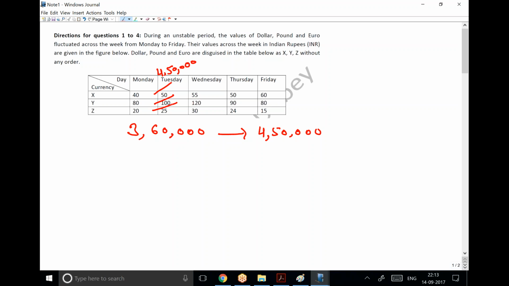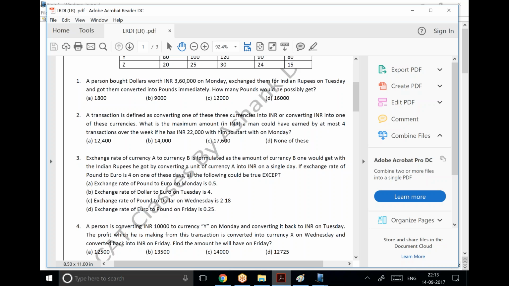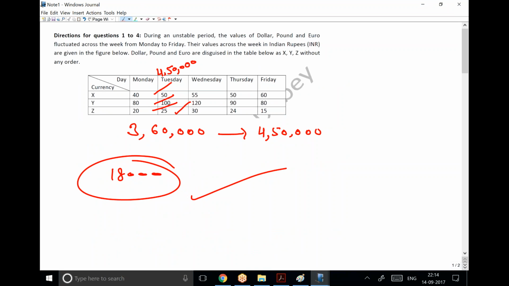If we divide by 25, it comes out to be 18,000. If you are in a hurry, you might pick answer option A, but option A is not 18,000; it is given as 1800. This is not a possible answer.